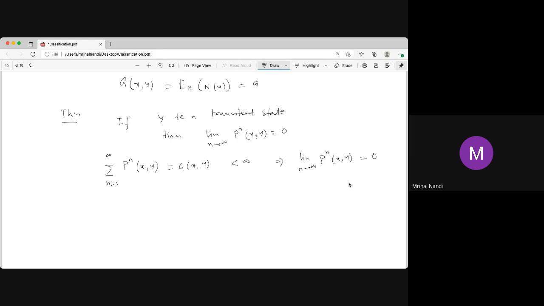Now, there is a fundamental difference between a transient and a recurrent state. We will discuss in the next class what the basic fundamental difference is between these two types of state, transient and recurrent. We will recall all these results in the next class. Then we go to the different types of classes of chains, and then different closed sets and irreducible sets.